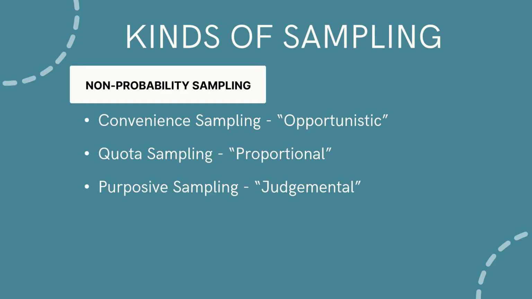You have to make sure that you will be able to reach that sample. Next is purposive sampling, which is judgmental. In this type of sampling, the researcher handpicks individuals who they believe are most relevant to the research topic.